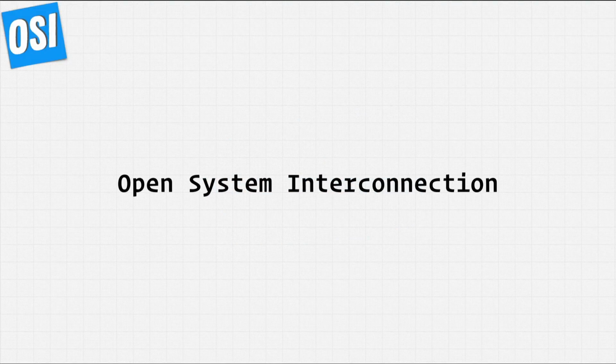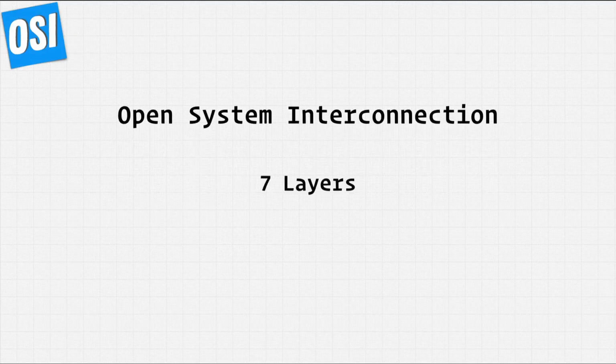Now, this is really a logical and conceptual model that defines the network communication between a system in order to communicate with another system. It's a general model, so you can kind of see it as a universal model in that sense for general computer networking. And it breaks up this communication into 7 abstract layers that are structured on top of each other.